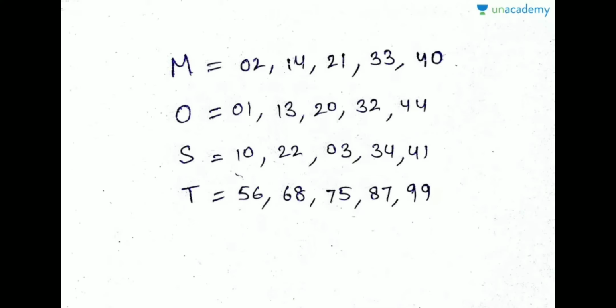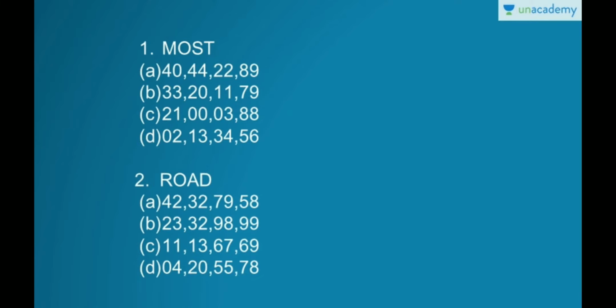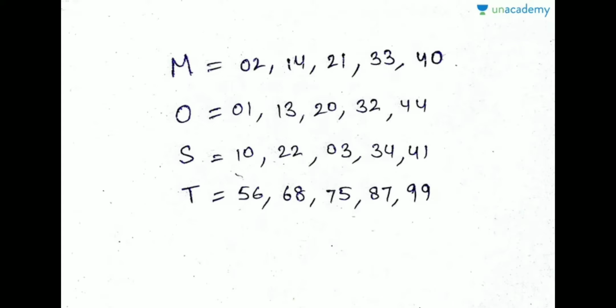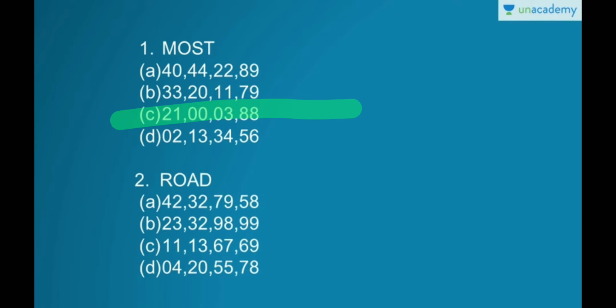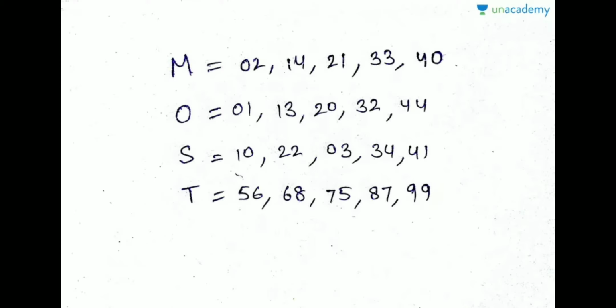For S it is 10, 22, 34, 41. Option C is already eliminated. Option B will also be eliminated because 11 is not the coding for S. Now let's check for T. We are left with only options A and D. For T it is 56, 68, 75, 87, 99.